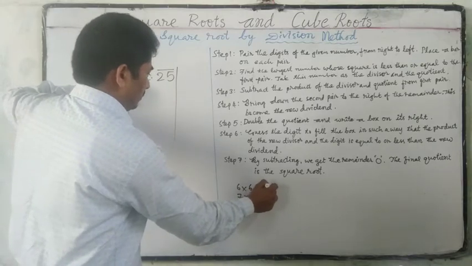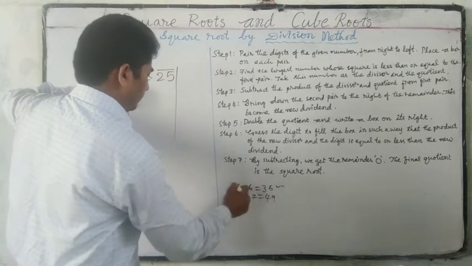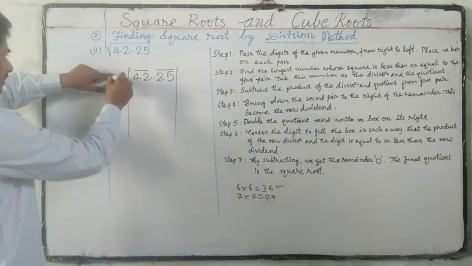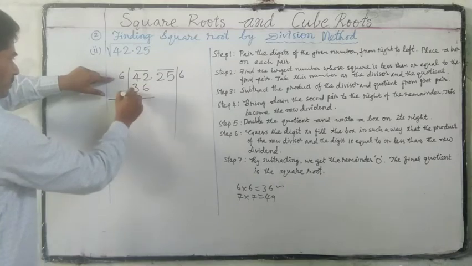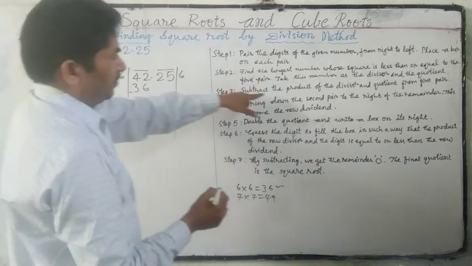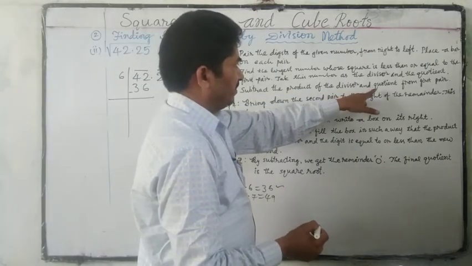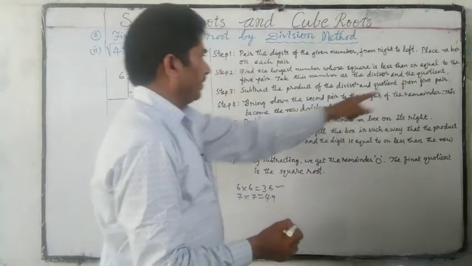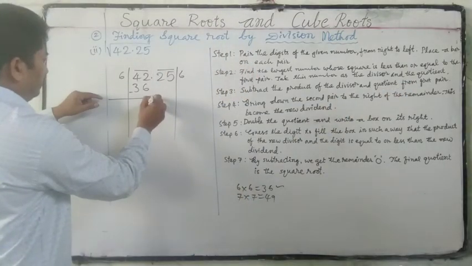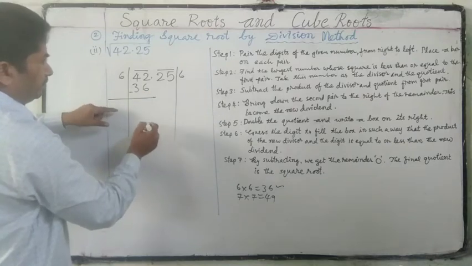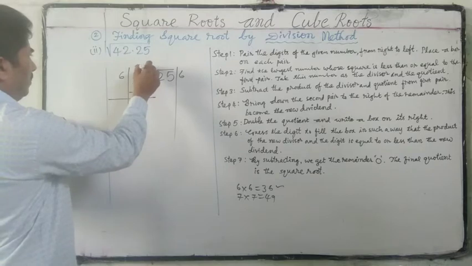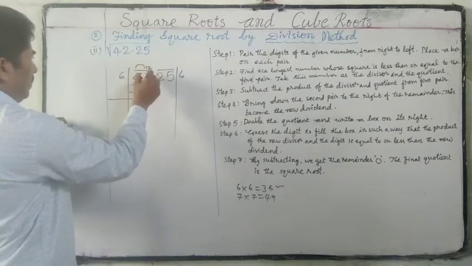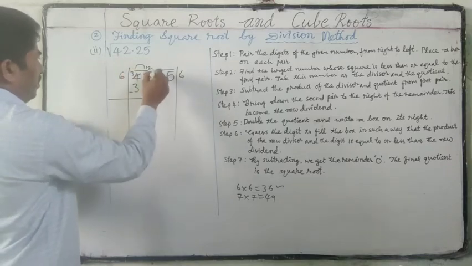So 6 6s are 36 is suitable. Subtract this. Subtract the product of the divisor and quotient from the first pair. We get 6, and here 3, so 0.